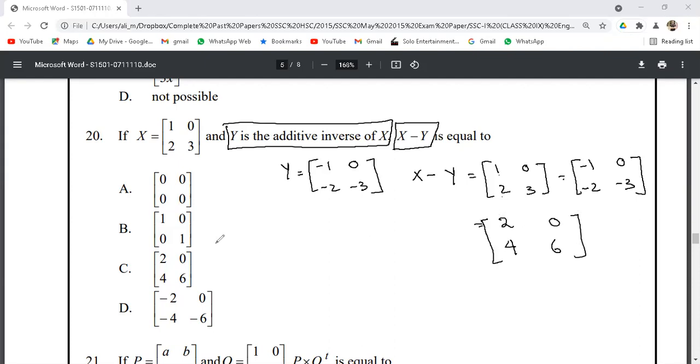So the correct answer in question number 20 is option C, that is 2, 0 and 4, 6.